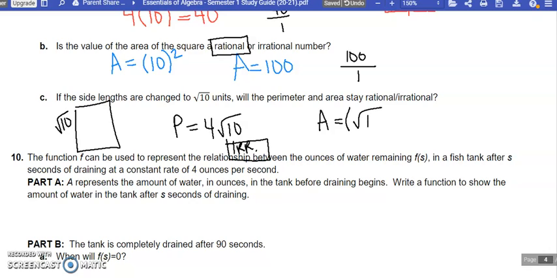And if I take the square root of 10 and square it, you guys know from your opposites, adding is the opposite of subtracting, multiplying is the opposite of dividing. We know that squaring is the opposite of square rooting. So the area of this square would be 10, which can easily be written as a fraction. So the area here is rational.